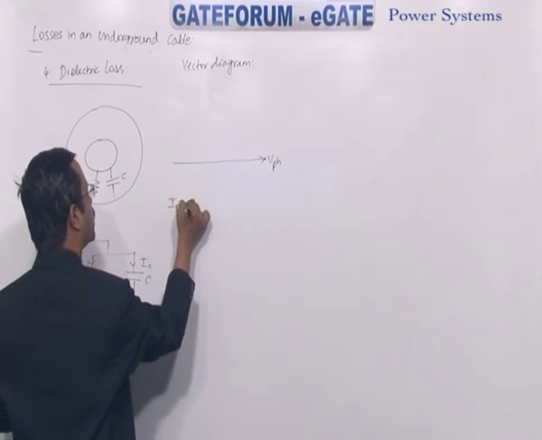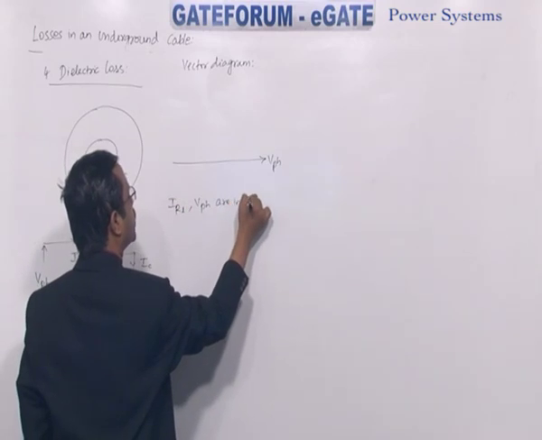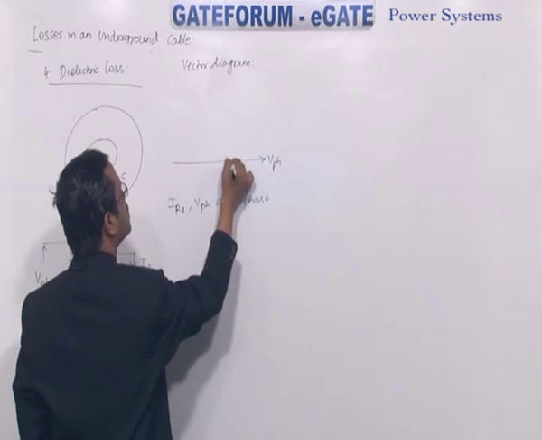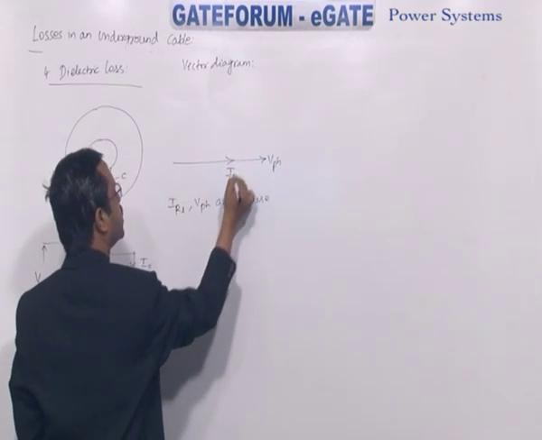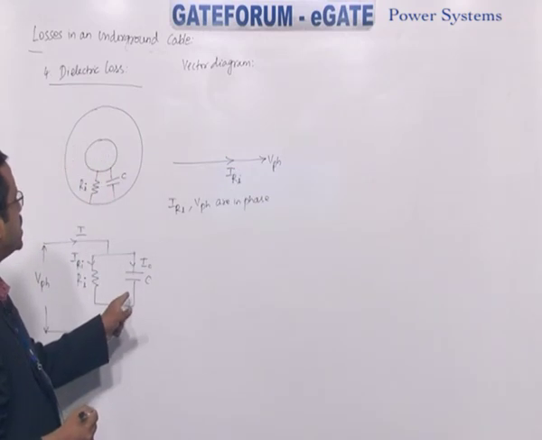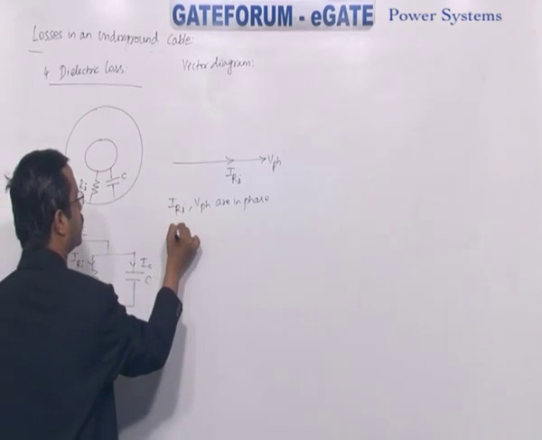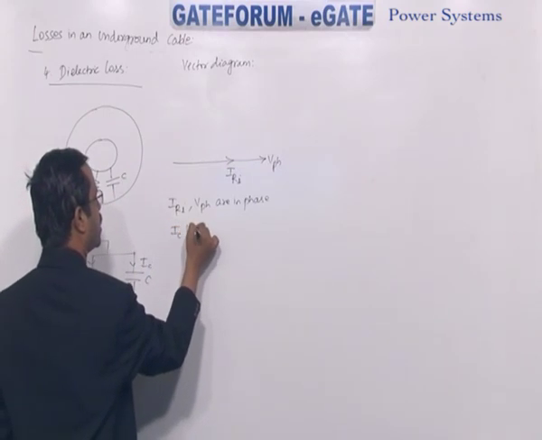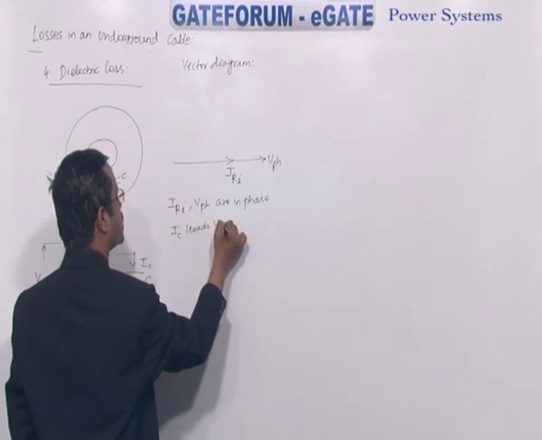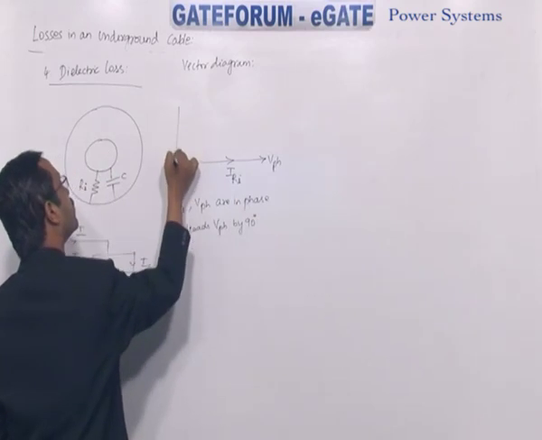So IRi and V phase both are in phase, meaning we draw along the same axis in the same direction. What about IC? Current leads voltage by 90 degrees. So IC leads V phase by 90 degrees.